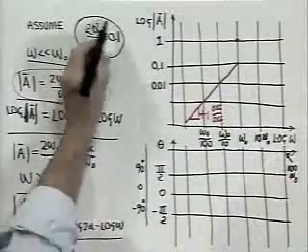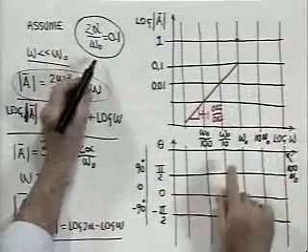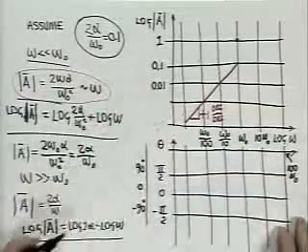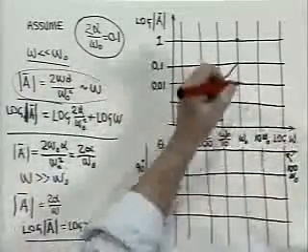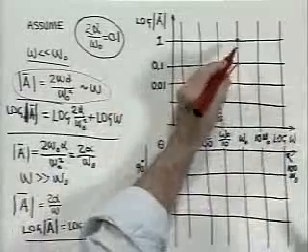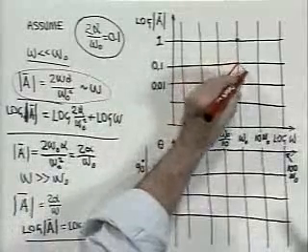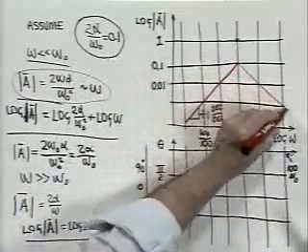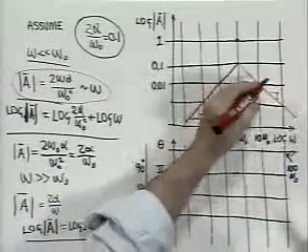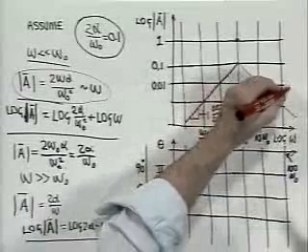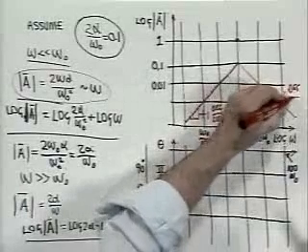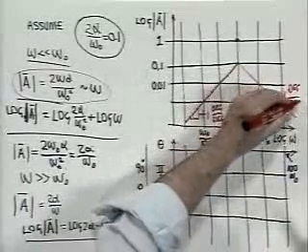So this asymptote passes through that same point and decreases with omega as a straight line with a slope of -1 decade per decade.